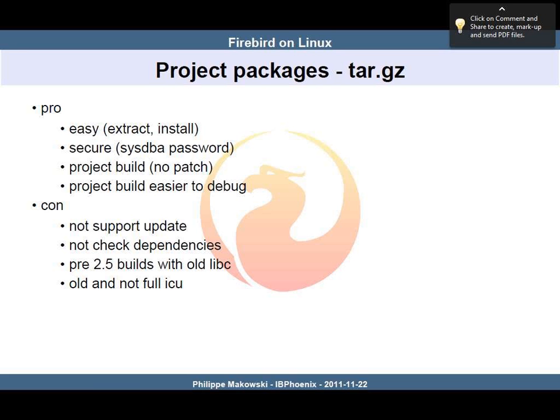And again, previous versions of Firebird are built with an old libc, and it uses an old and not full ICU. But I guess that it's a good option to take the project tar.gz to install Firebird on Linux, especially if your distribution doesn't provide it.